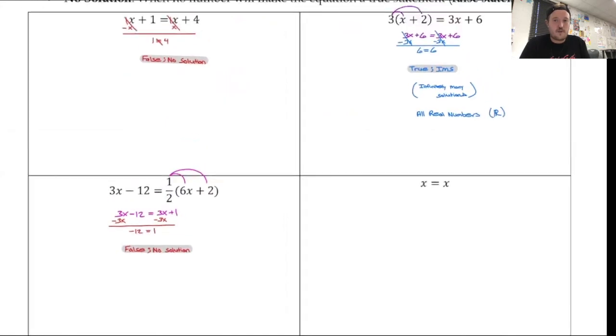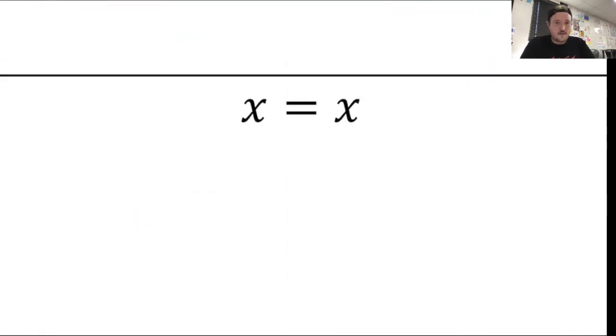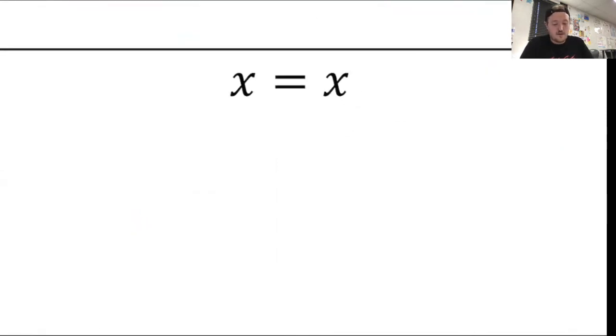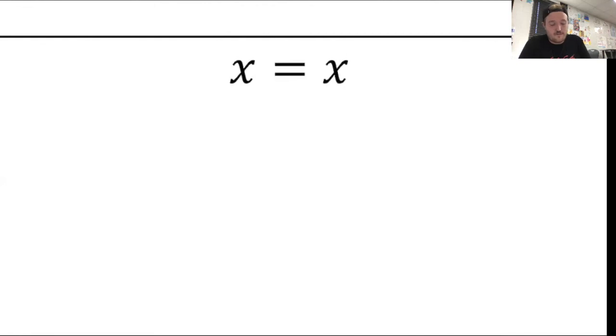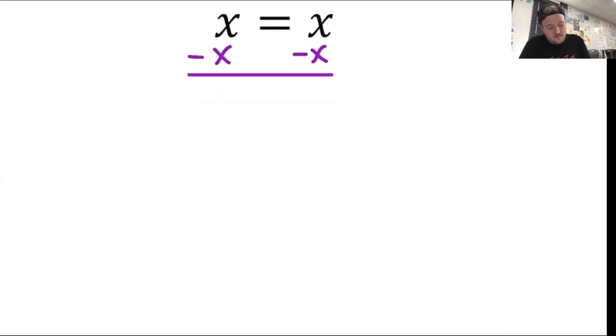All right, last but not least, this one throws a lot of people off. You have x equals x. Every single time I teach this problem, everyone's just like, what the heck do I even do? All right, well, here's the thing. You have 1x equals 1x. Subtract x on both sides. So if you have x minus x, think of it this way. What's 5 minus 5? 0.